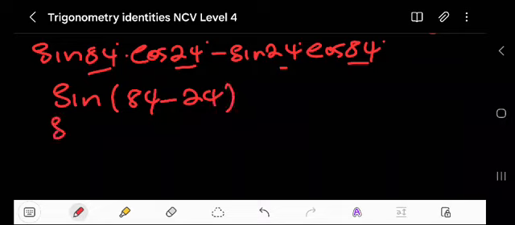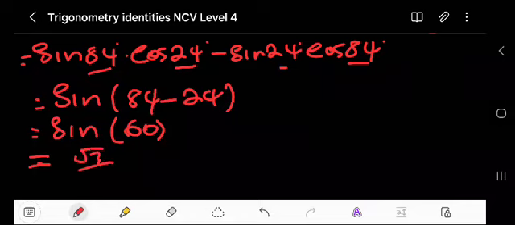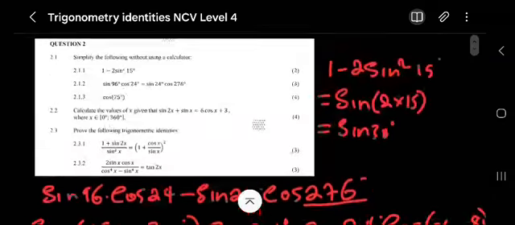Then, 84 minus 24 is equal to 60 degrees, which is a special angle. Then we know sine 60, a special angle, is equal to square root of 3 over 2. This will simplify to that.